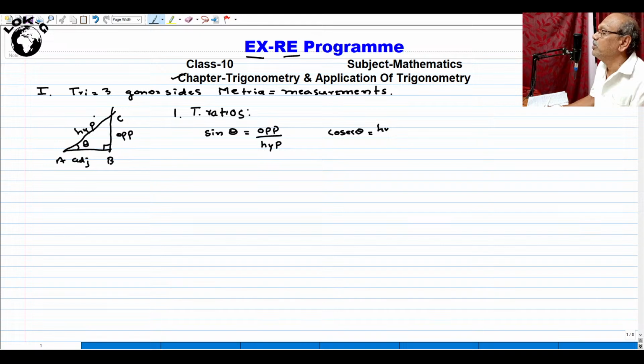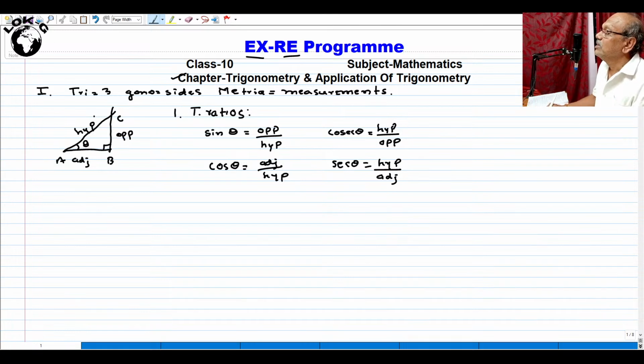Cosec theta is hypotenuse upon opposite. The second set of ratios are cos theta, defined as the ratio of adjacent upon hypotenuse, and sec theta, the reciprocal of cos theta, that is hypotenuse upon adjacent.